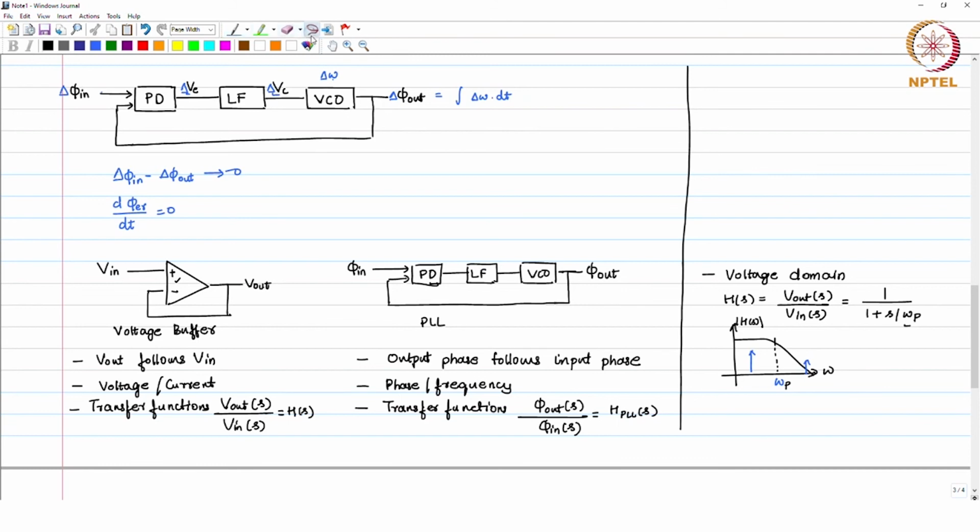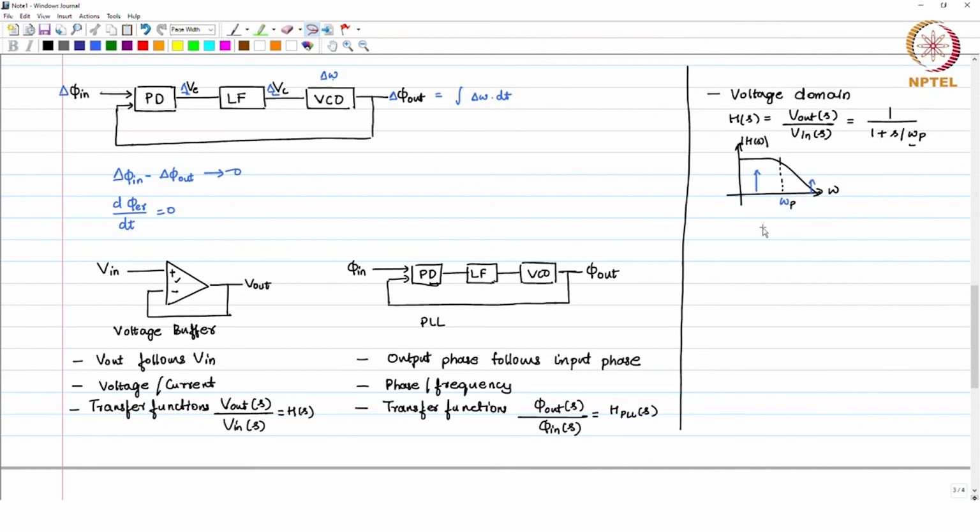So, we have looked at the voltage transfer function in the voltage domain. In the same way, if I look at the phase domain or PLL domain, the same transfer function H PLL of S is phi out of S by phi in of S. This is 1 plus S by omega p, the transfer function is the same.